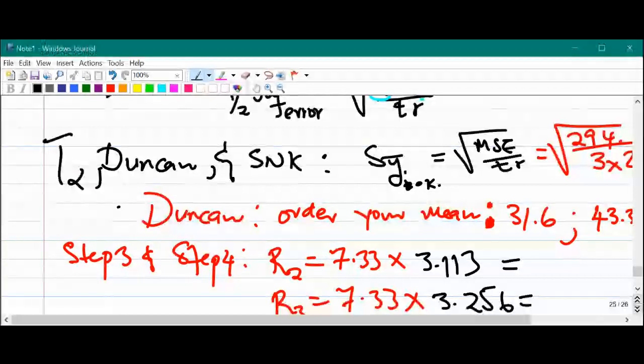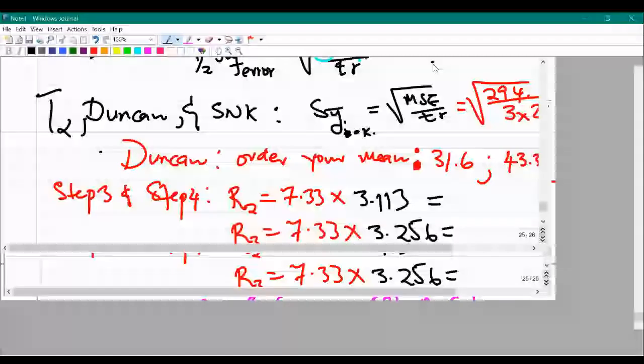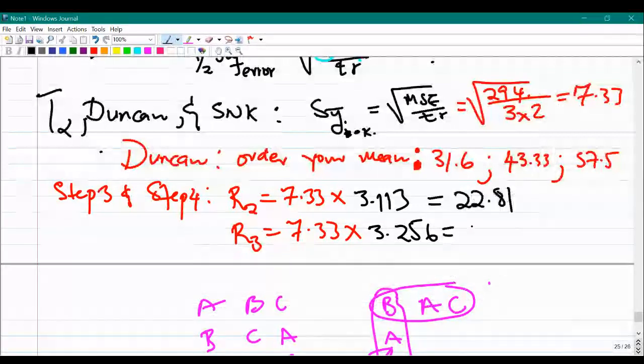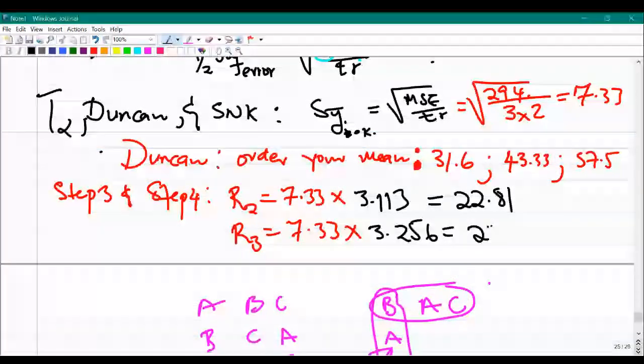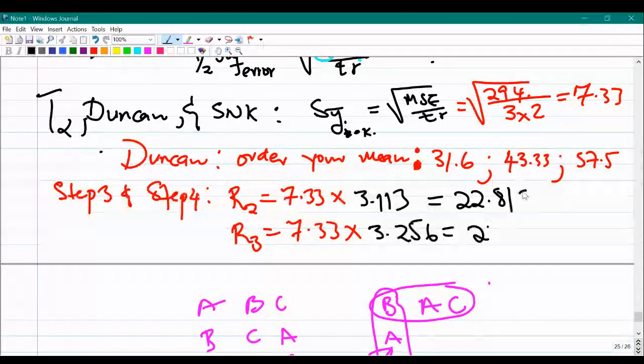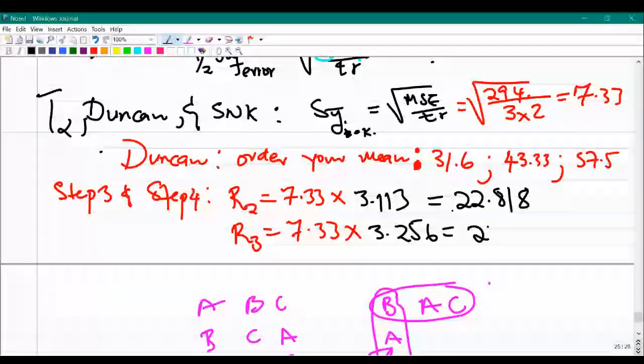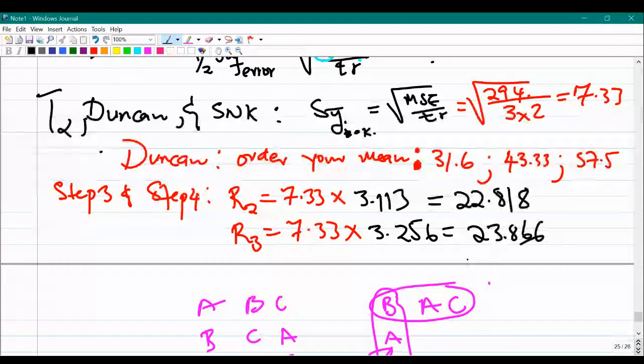The second one is 23.866. So let's find the differences now.